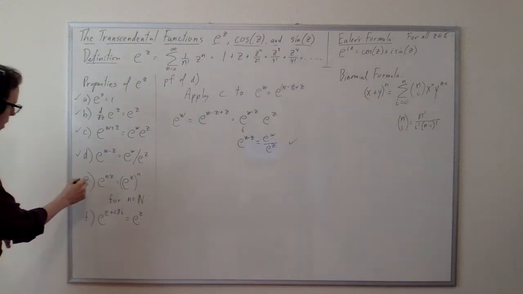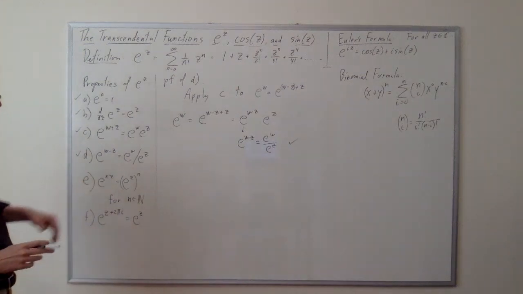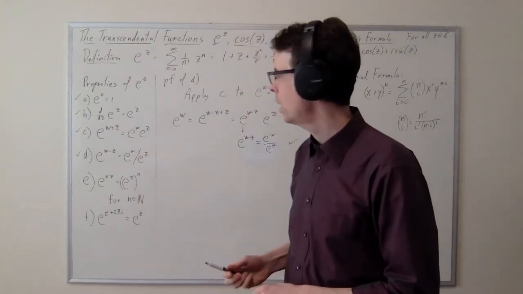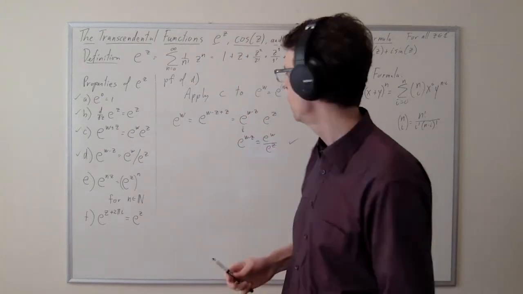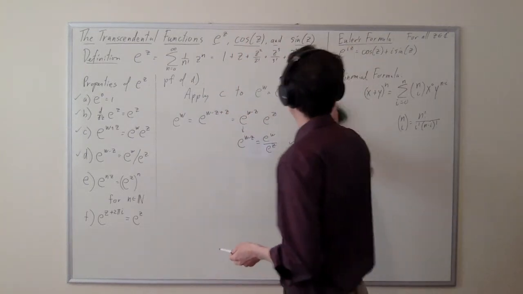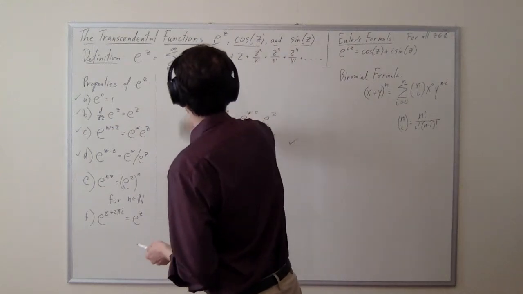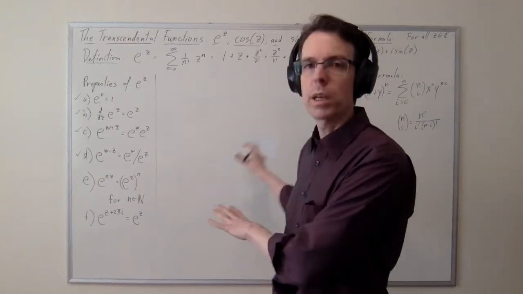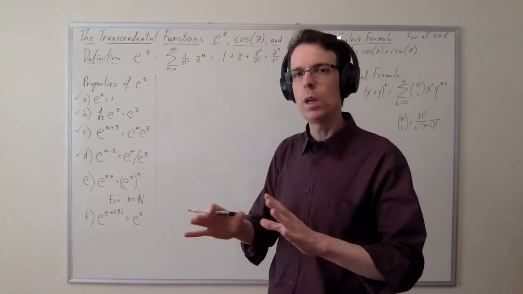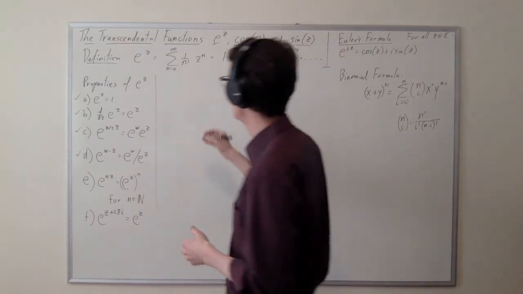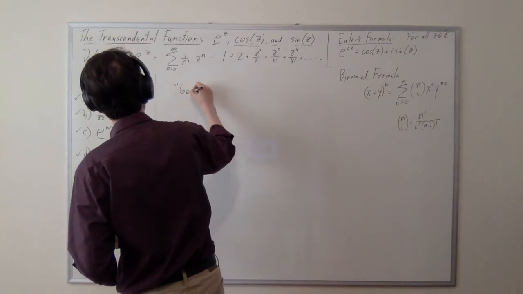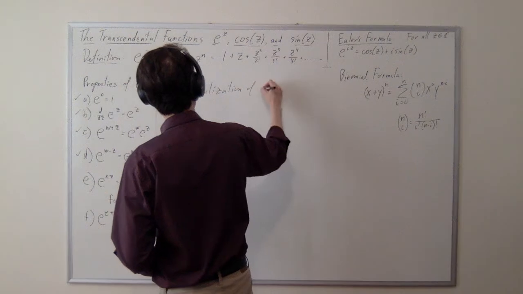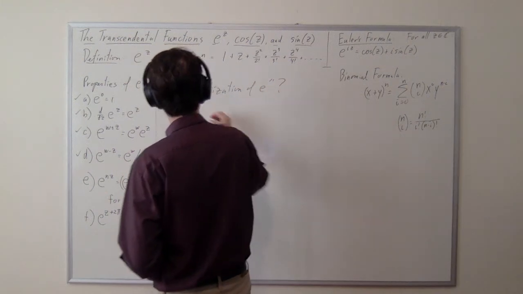And now part E. So part E is a power law. Now you might think I've given kind of an incomplete statement of the power law. You might expect a more general statement of the power law. And let me suggest an alternative to E. Before I prove E, let me suggest a more general statement of E. So let's call this a generalization that we might expect of E, and I'm going to put a question mark here.